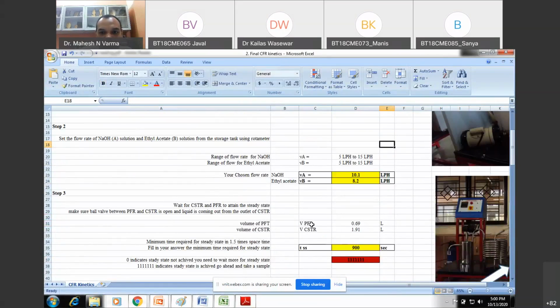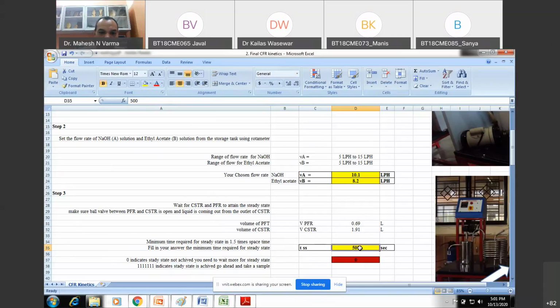This is the volume of PFR, this is the volume of CSTR. You get the residence time. So what will be the total residence time? You need to wait at least 1.5 times the space time or residence time. Say if I wait 500 seconds, it says 0. 0 indicates steady state is not achieved, so you may get a wrong answer.